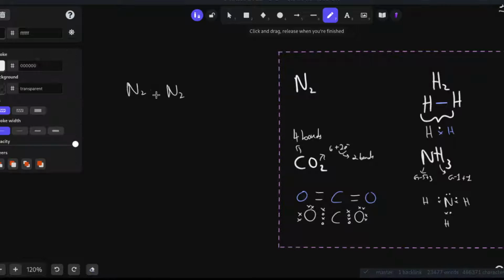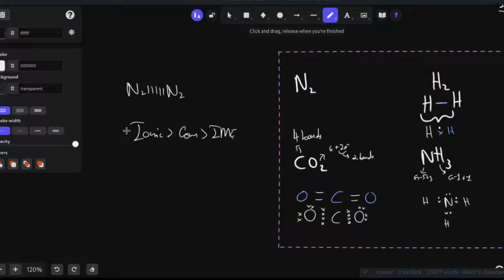No, they will be attracted to each other by a thing called intermolecular force, and these dashes represent those. This is quite weak. This is weaker than covalent bonds as well as ionic bonds. So ionic bonds are the strongest, covalent bonds come next, and these dotted intermolecular forces come next.